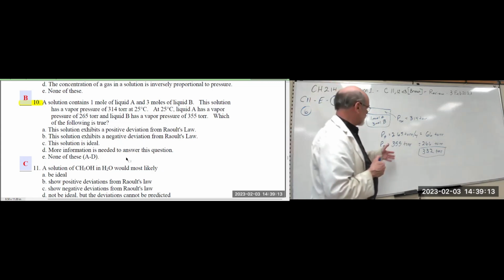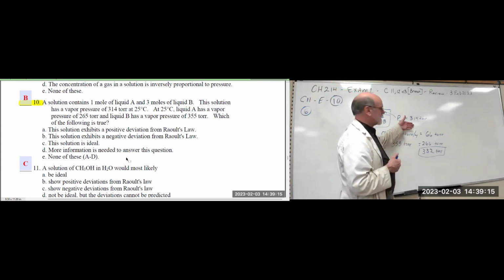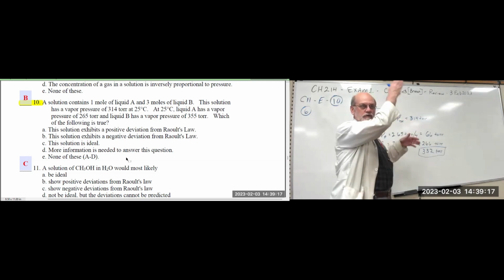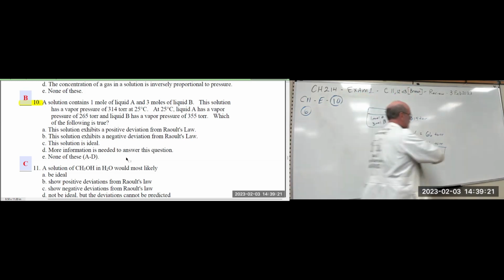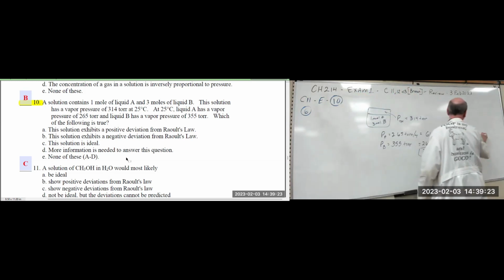So what kind of deviation do we have? We have a negative deviation. In other words, that curve is like this, where we have one going this way and one going this way. So you add them together. Excuse me.